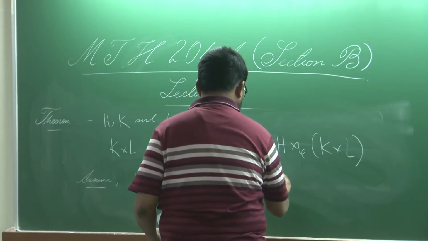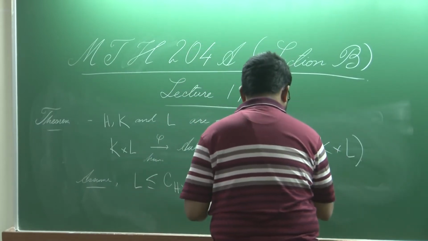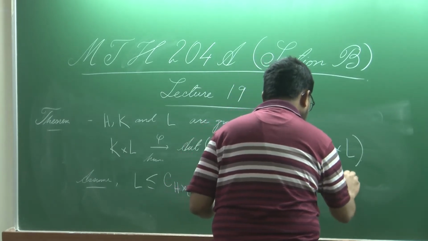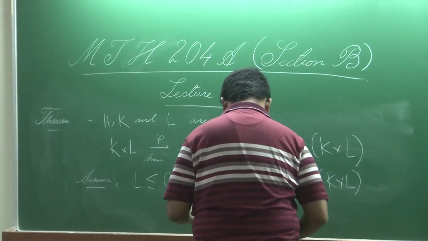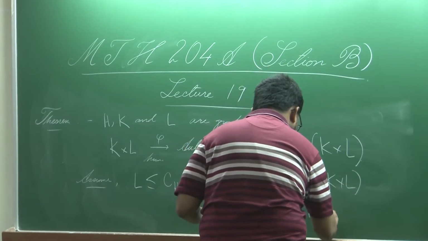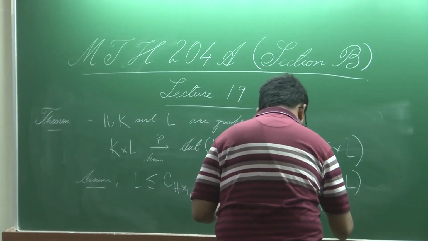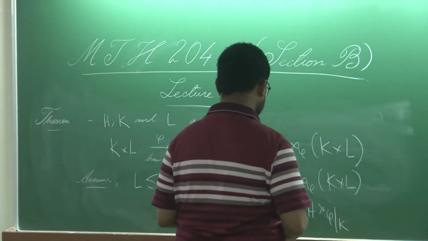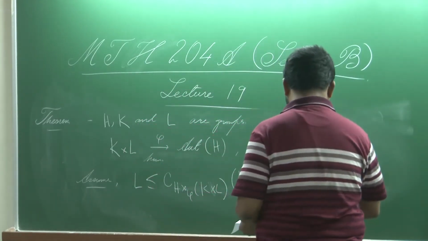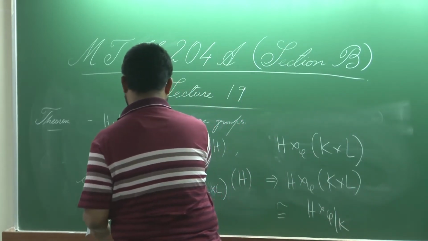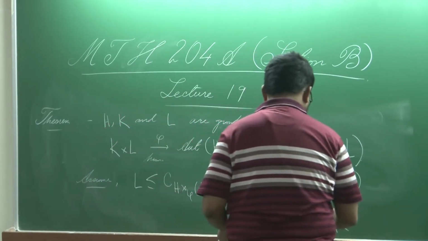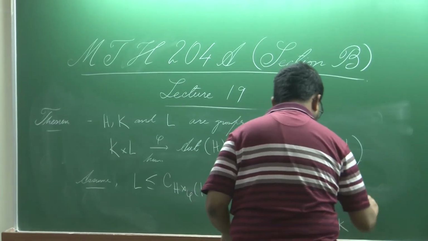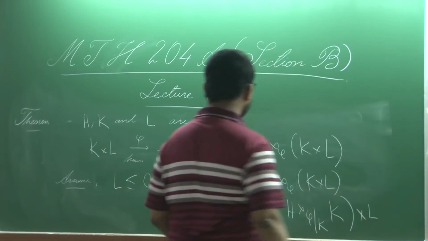So if this happens, then we do have that this semidirect product is isomorphic to H semidirect product K, because here we can simply restrict the map from K cross L to Aut H to K, with this homomorphism, this K together with L.